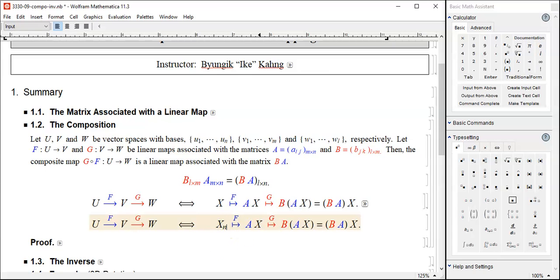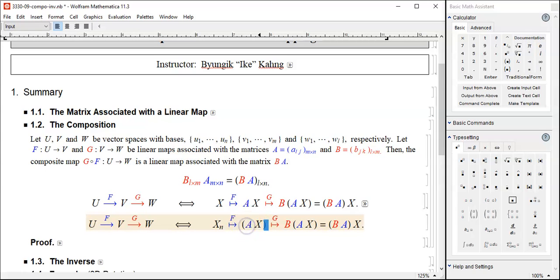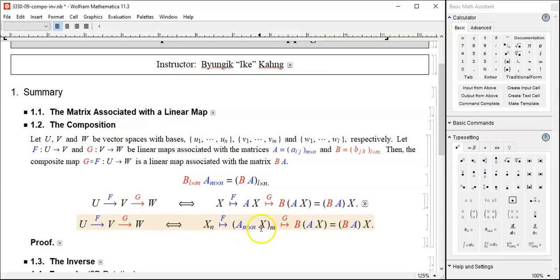This is n dimensional. And then this whole thing is now m dimension because A is, you see, an m by n matrix. And this is n by 1 matrix.